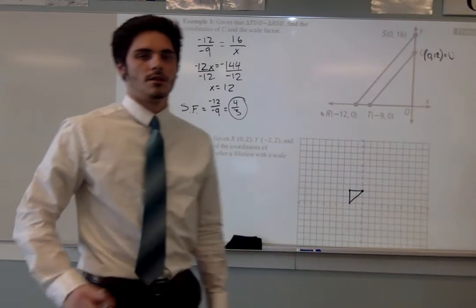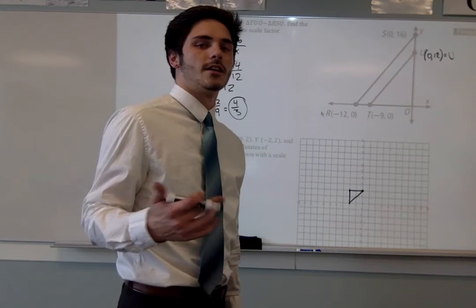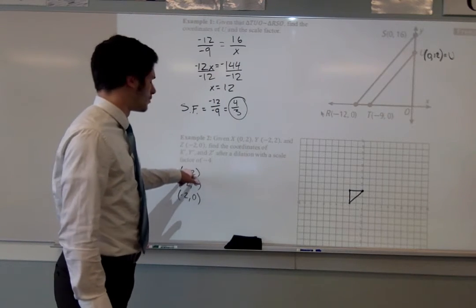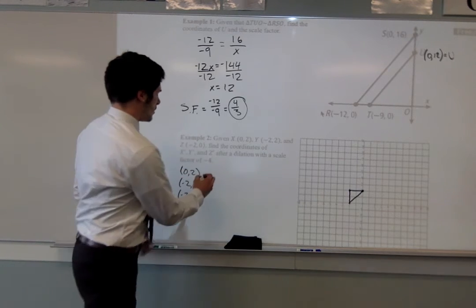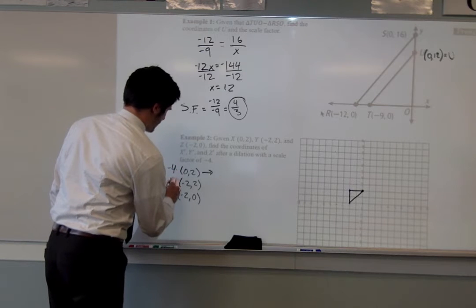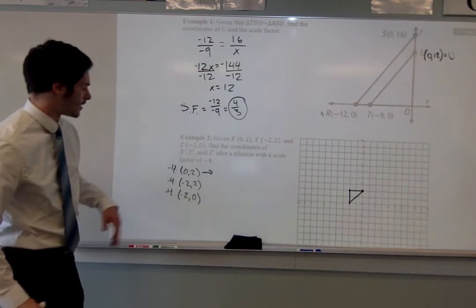If we want to dilate it with a scale factor of negative 4, we're going to multiply each coordinate by negative 4. I'm just going to write negative 4 times, just so that we have it written down.